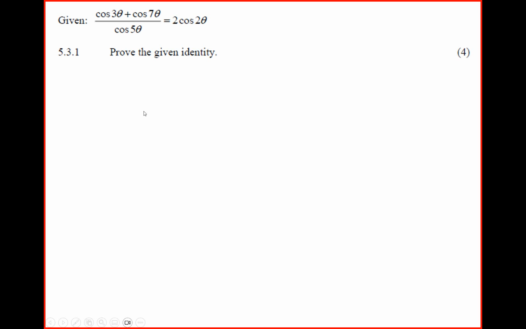So on inspecting the question, we're going to start with the left hand side. Now if I look at the denominator, which is a single term, it has a 5 theta in it. So I'm going to write the 3 theta with a 5 theta, which would give me 5 theta minus 2 theta. So if we rewrite cos 3 theta, it's going to give us cos of 5 theta minus 2 theta.